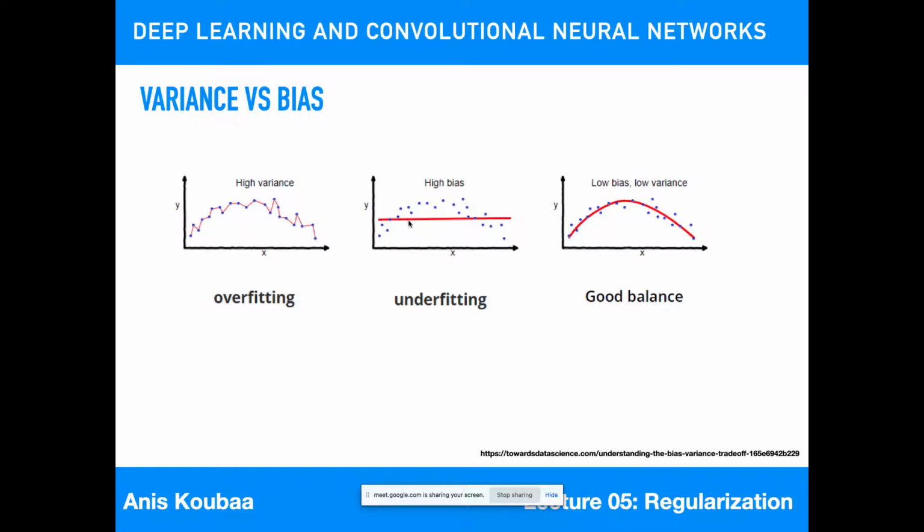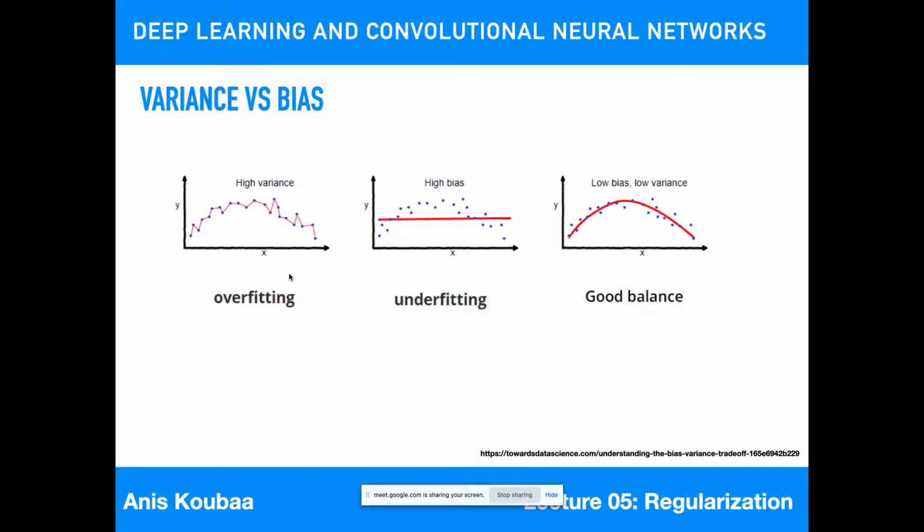And here you have a polynomial regression with degree 1, just a simple line. So here we have underfitting because the model is too simple. Here the model is too complex, and here the model is too simple to fit the data. So these are the two extreme cases.